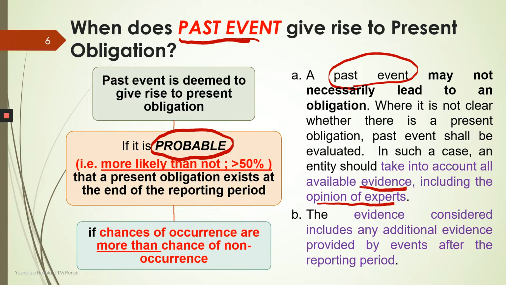They are the experts when it comes to their professional field. The evidence can also be additional evidence provided by events after the reporting period. This means that this MFRS can also be read together with MFRS 110, which is on events after the reporting period.